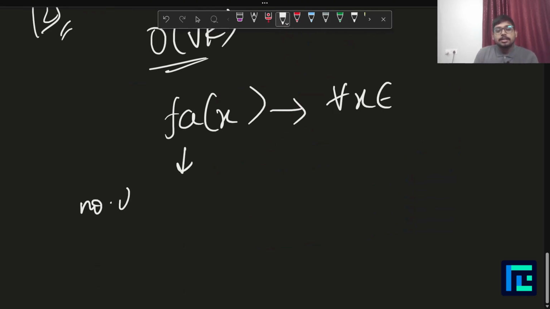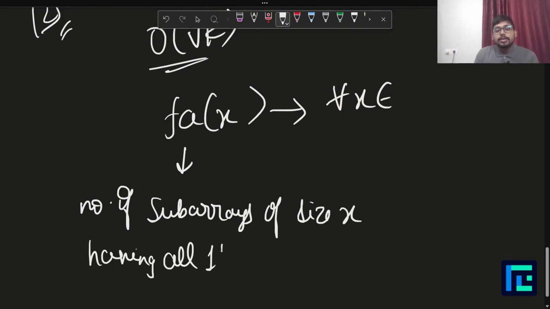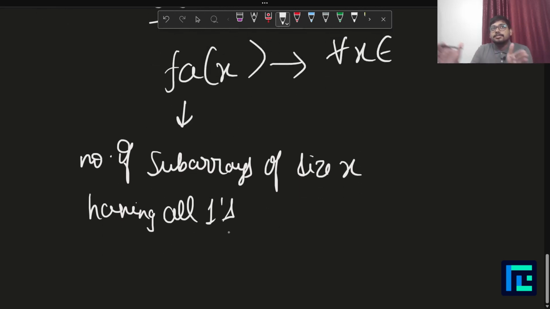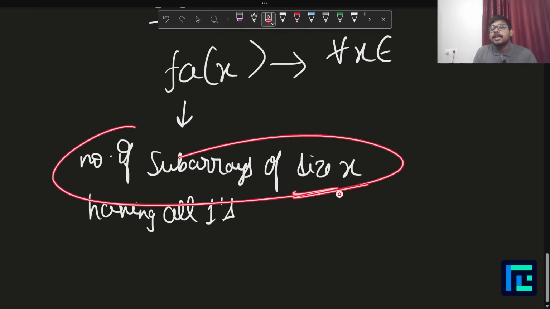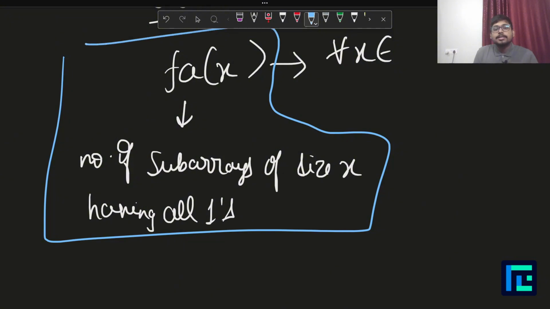It is the number of subarrays of size x having all ones. This is what FA of x means, the number of instances where you have x number of ones. That means the number of subarrays of size x having all ones. That's what our FA of x is.